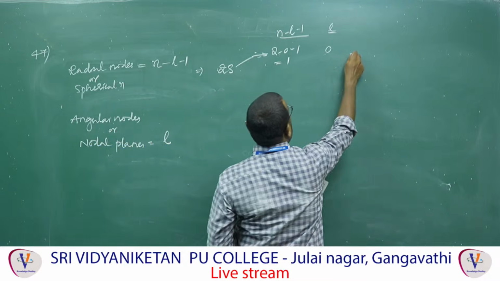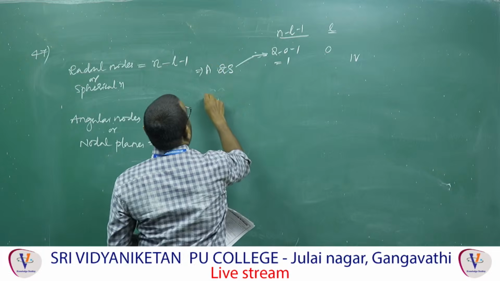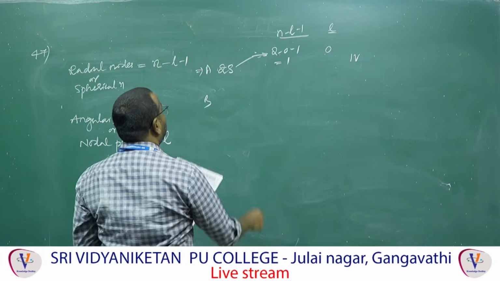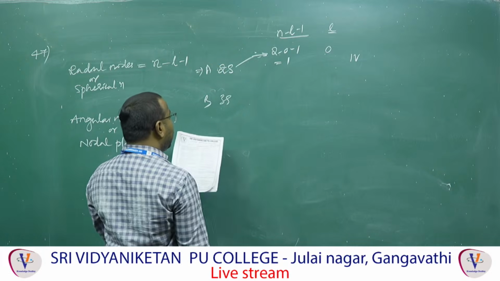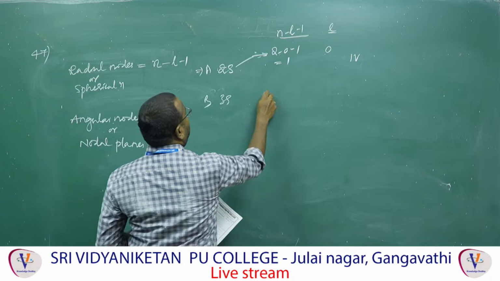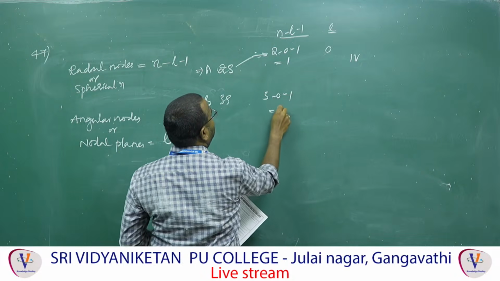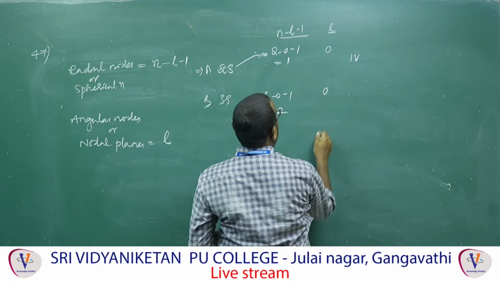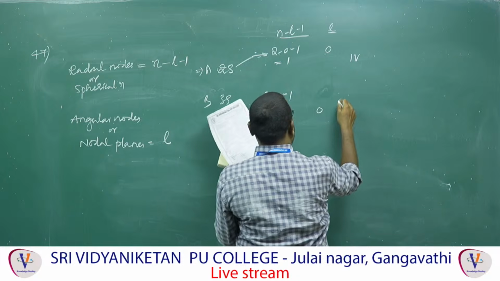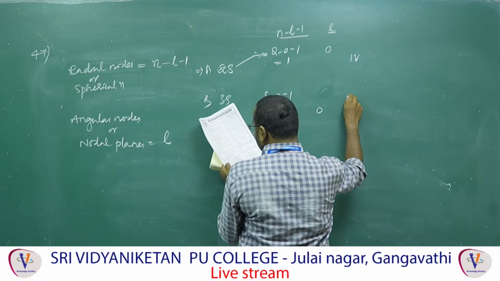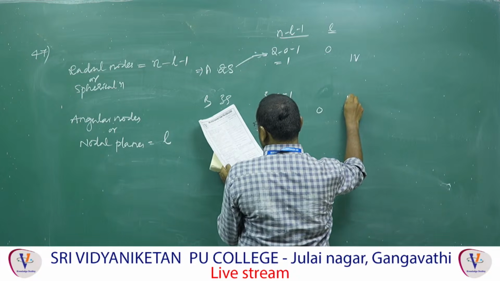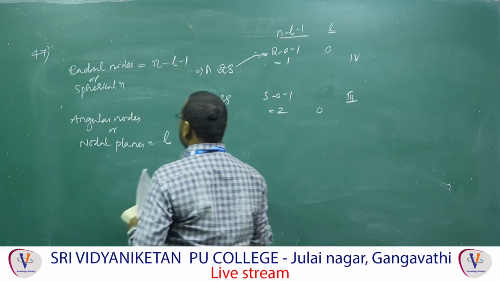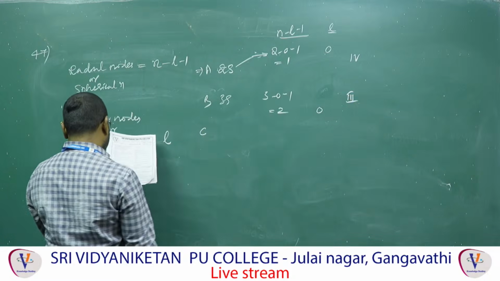So A is 4. B, 3s: n minus l minus 1 is 3 minus 0 minus 1, which is 2. L value is 0. Therefore, 2 comma 0. 2 comma 0 is in C, therefore 3.